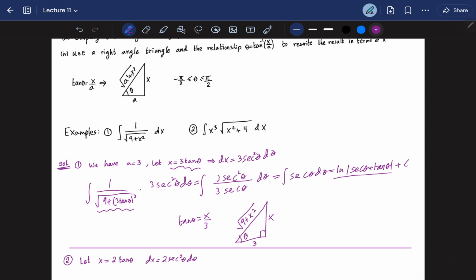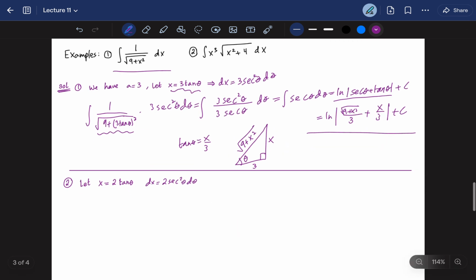Secant is 1 over cosine. Cosine is adjacent over hypotenuse. So that's hypotenuse over adjacent, plus tan is just x over 3 plus c. So we started with an integral in terms of x, we ended with an answer in terms of x, we're done.